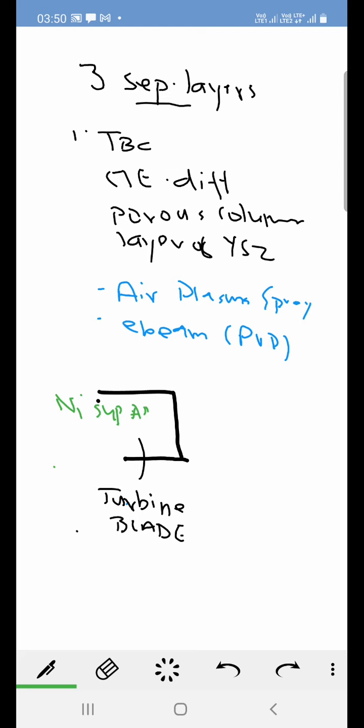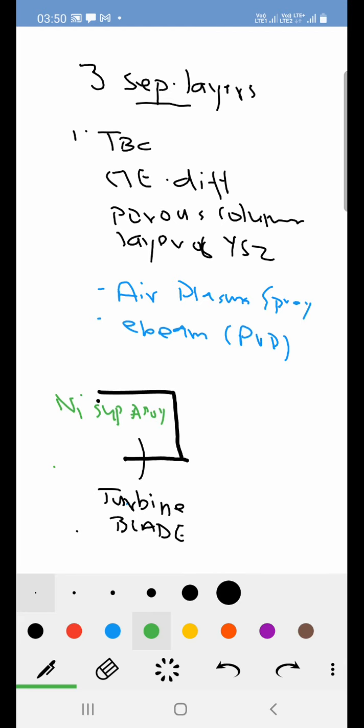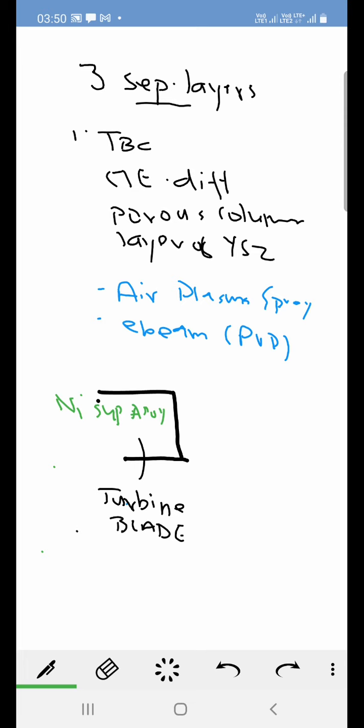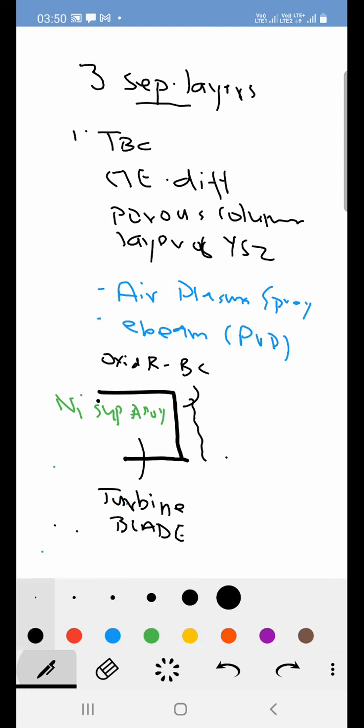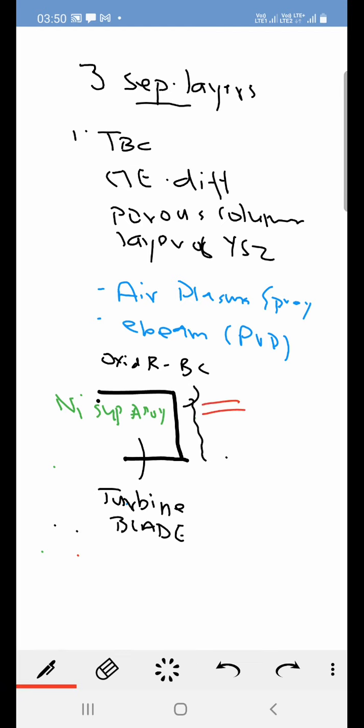Then we have the oxidation resistant bond coat. So this is the second layer, and lastly we have the insulative TBC. The last layer, which is the TBC, is an insulator. So these are the three systems.